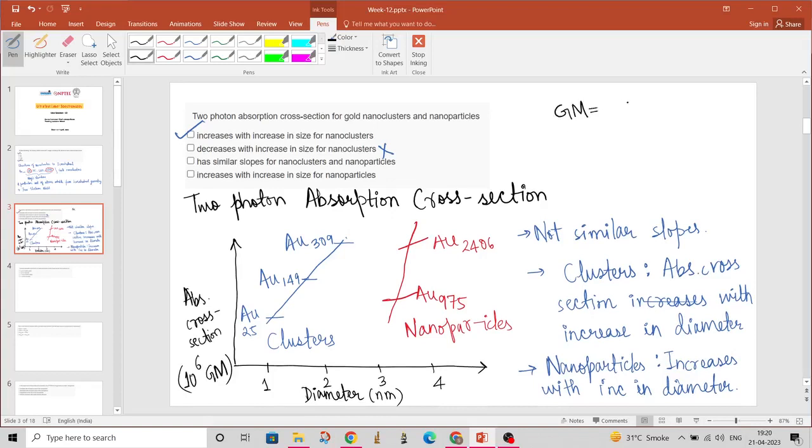GM stands for Göppert-Mayer, the person, where 1 GM is equal to 10 to the power minus 50 centimeter to the power 4 second per photon.